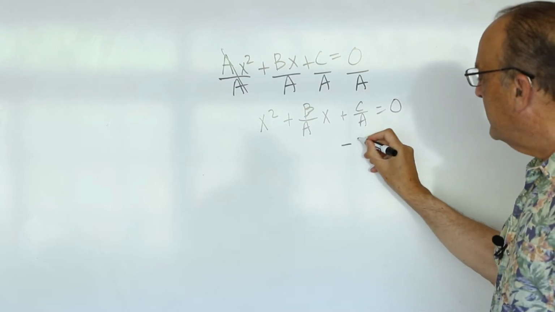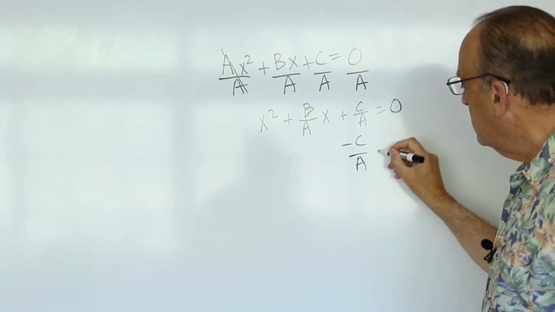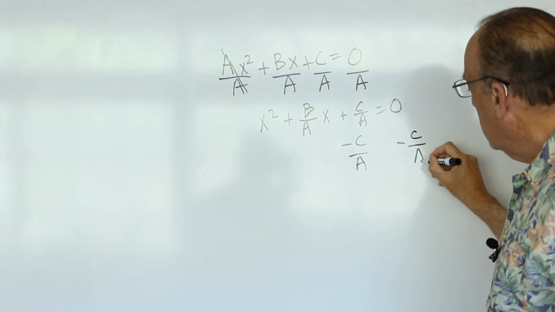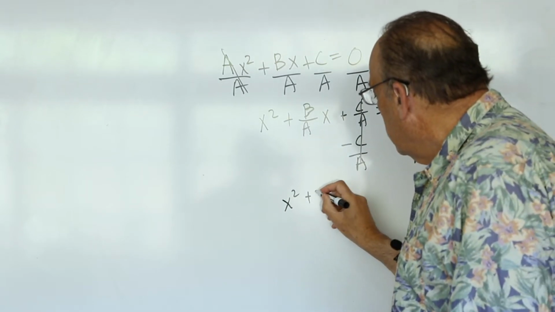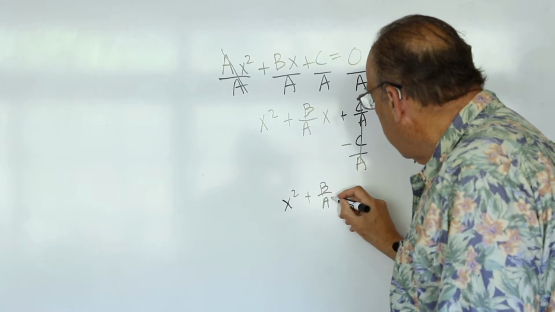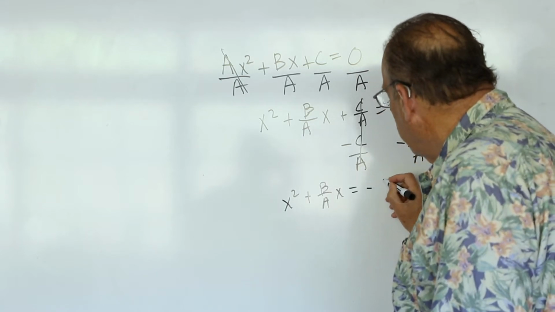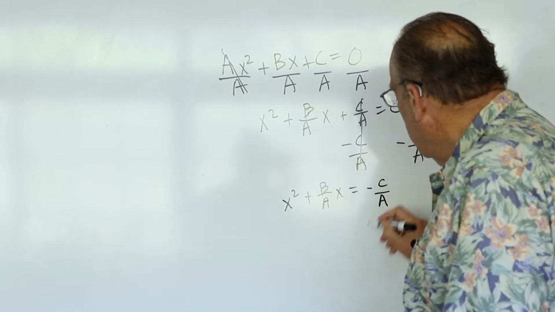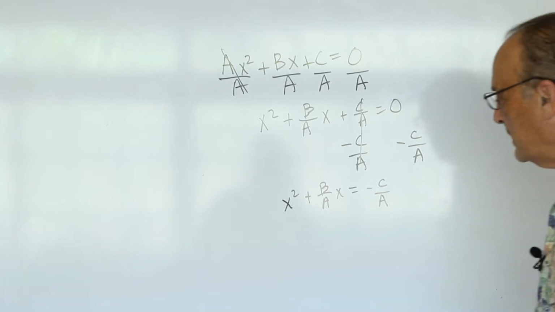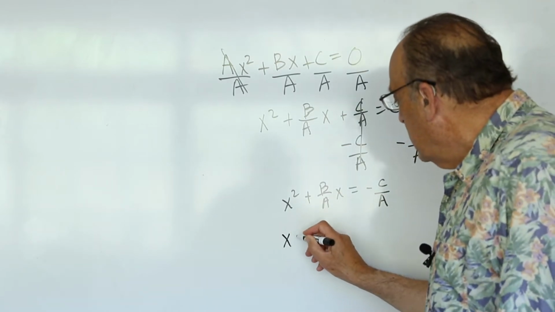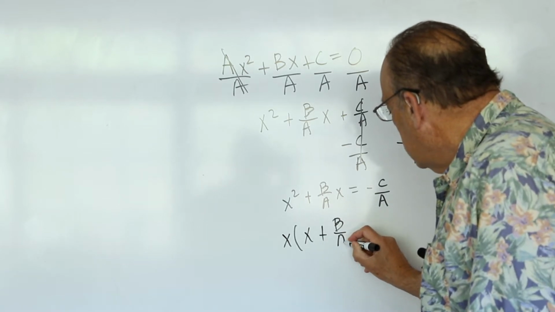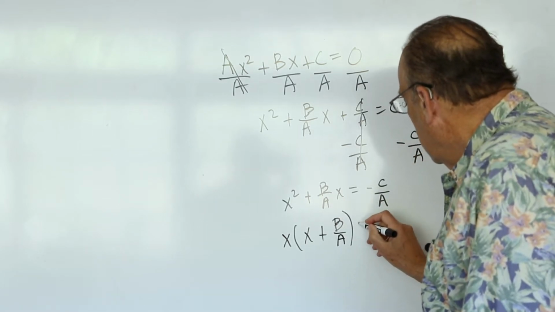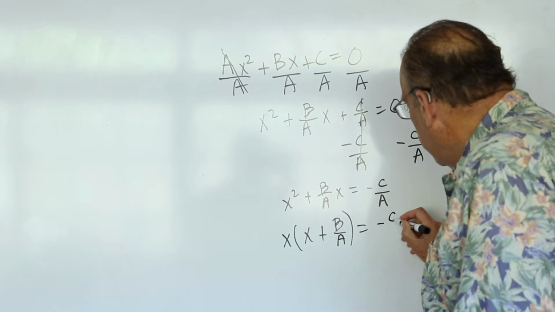Now I can subtract c over a from both sides. This cancels, and I get x squared plus b over a x equals negative c over a. Now I can factor out an x and get x times x plus b over a equals negative c over a.